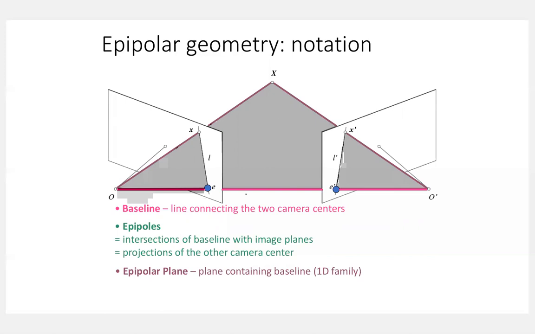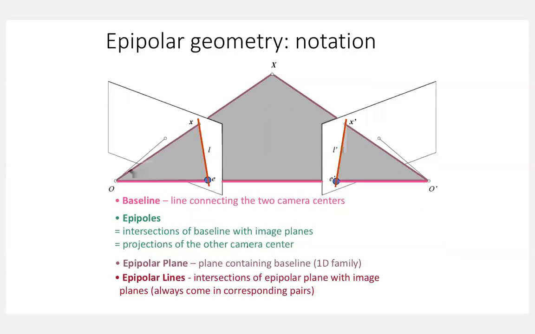The epipole is the projection of the other camera center on the screen here. Basically, if you look at this camera, the other camera center projects to here, and that is the epipole. We mentioned the epipolar lines as well. So hopefully it's clear.